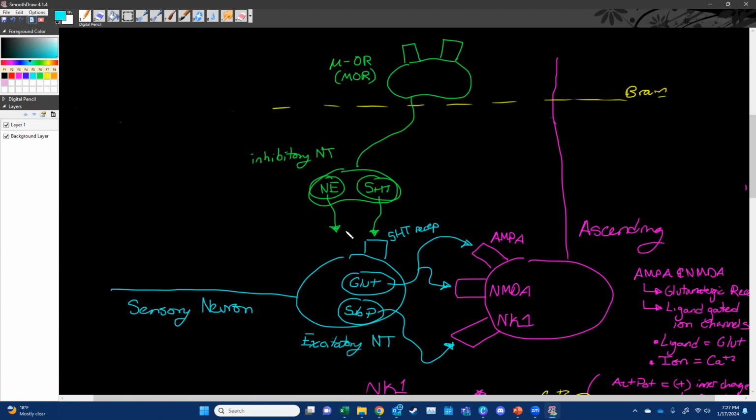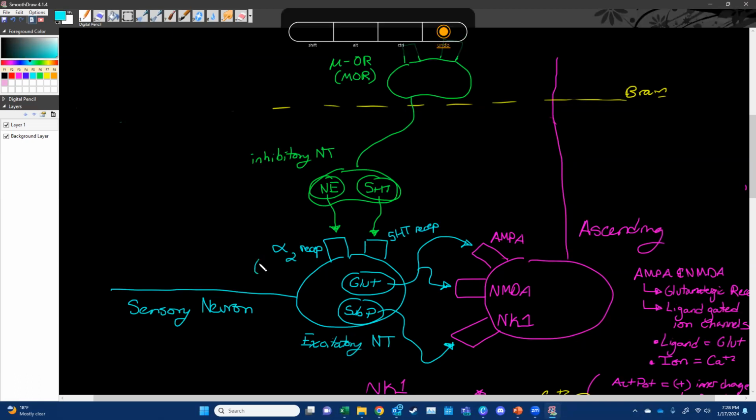Gq. So in order to get norepinephrine to act like an inhibitory neurotransmitter in this sense, we are going to be using the alpha 2 receptor. Why? Because if we remember, alpha 2 is Gi linked.